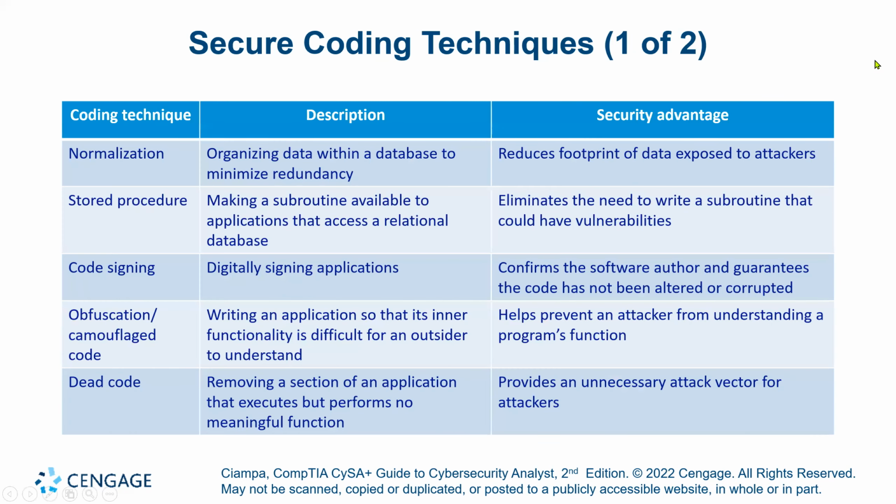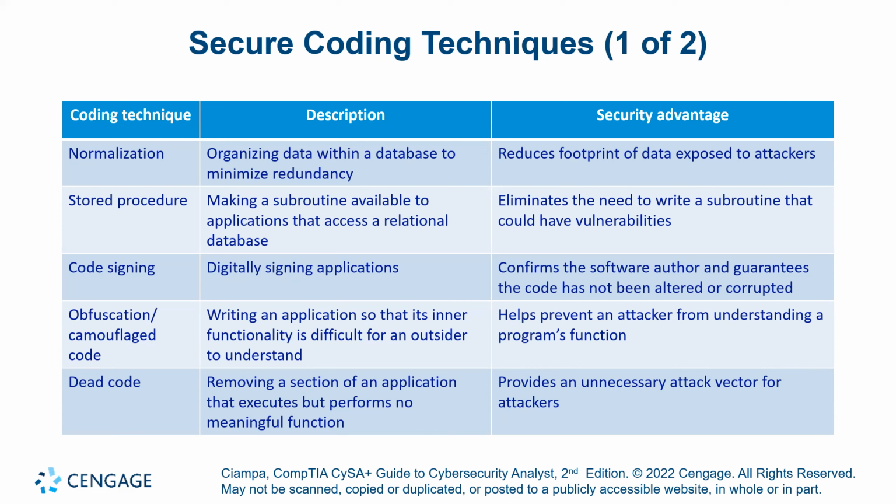Okay. So this was one of our tables here. Coding technique, description, and security advantage. Normalization: organizing data within a database to minimize redundancy. This reduces the footprint of data exposed to attackers. Stored procedure: making a subroutine available to applications that access a relational database. This eliminates the need to write a subroutine that could have vulnerabilities.